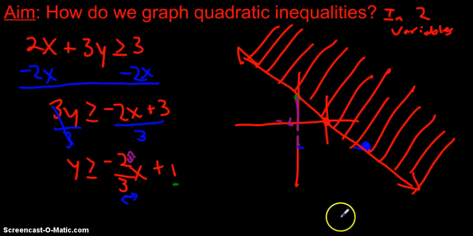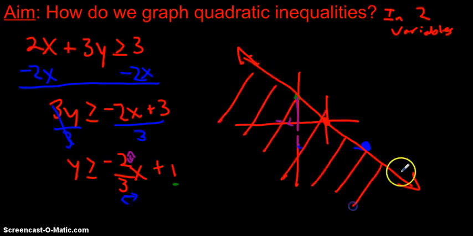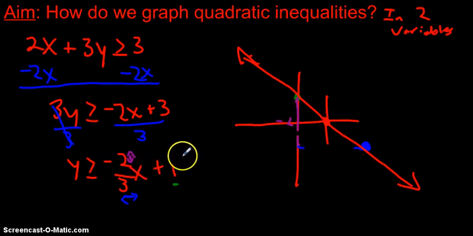That's one way to do it. If it was y is less than, we would shade this side. That would be y is less than or equal to negative 2 over 3x plus 1. Let's imagine this was y is just greater than, strictly greater than, not equal to. In that case, our line needs to be a dashed line.